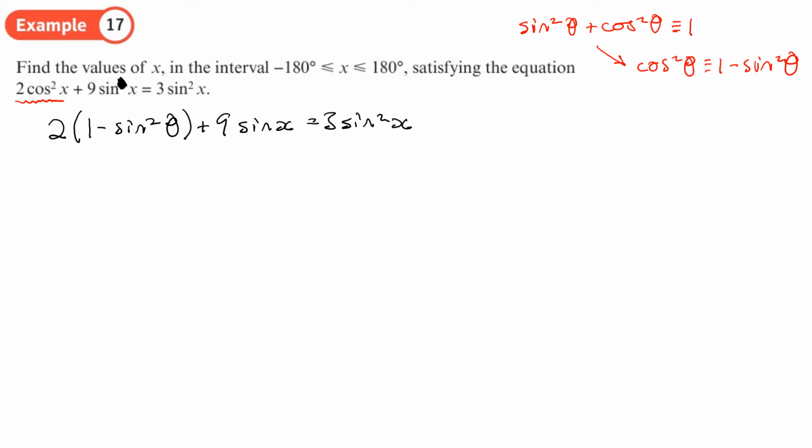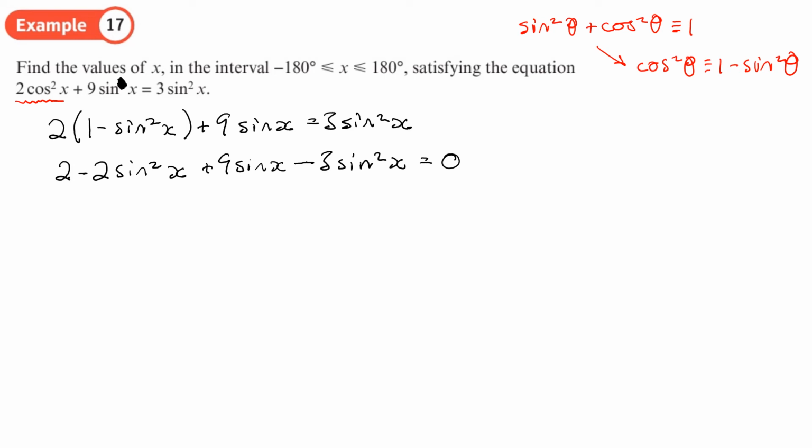Expand the brackets, so 2 minus 2 sine squared x. I don't want to put theta, it should be x. Plus 9 sine x. And then we'll bring across the 3 sine squared here equals 0.